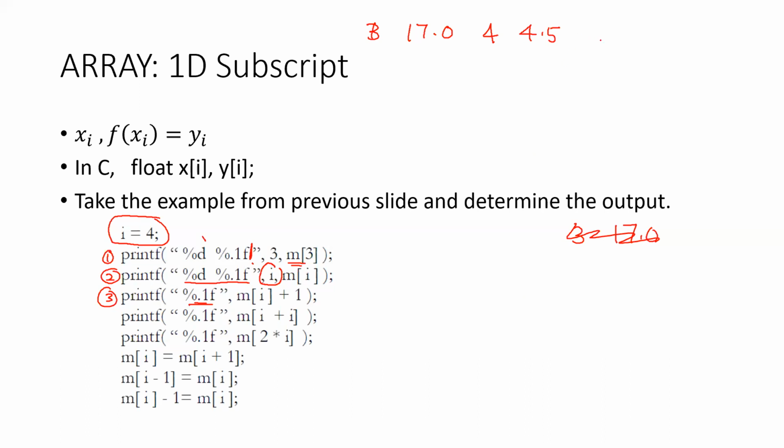Yes. So dia akan keluar 5.5. Yang ketiga, yang keempat. So, and then the index is 4 plus 4. This is I equals to 4. And this is also plus 4. So dia nak suruh kita print out M of 8.